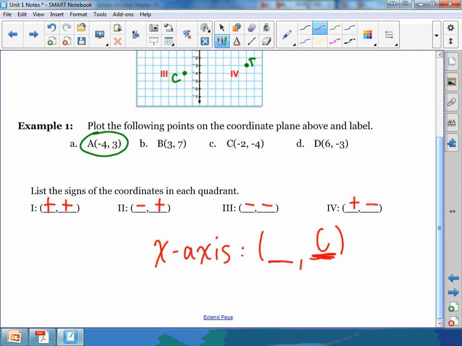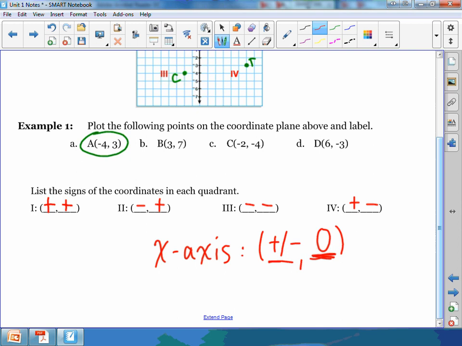So this second value has to be 0. What about the first value? Does it have to be negative? You guys are saying no. Does it have to be positive? Could it be either? So the first x value could be either positive or negative.